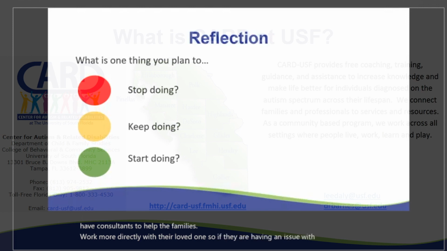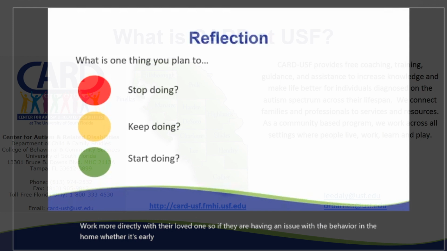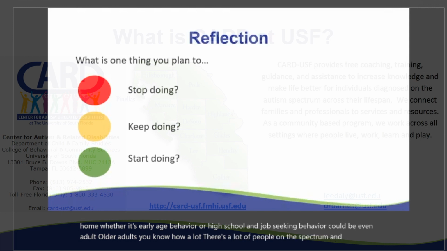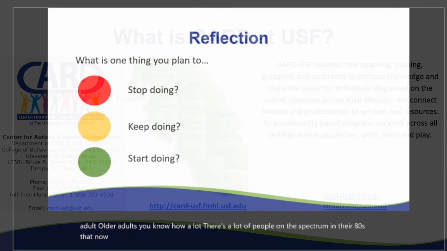So if they're having an issue with a behavior in the home, whether it's early age behavior, or high school and job-seeking behavior, or even older adults, there are a lot of people on the spectrum in their 80s that now we're starting to realize, that's what it is.